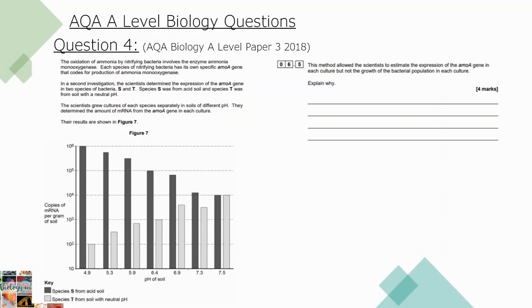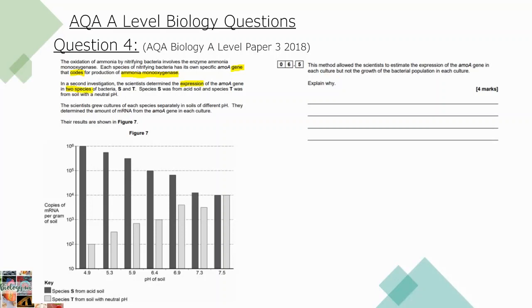So the first thing we're going to do is definitely go through and highlight the key words. So the oxidation of ammonia, blah, blah, blah. So we've got a gene. So this gene is coding for the production of a specific molecule. And the scientists are determining the expression of this gene in 2 species.